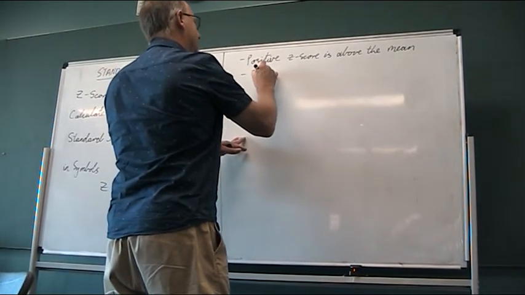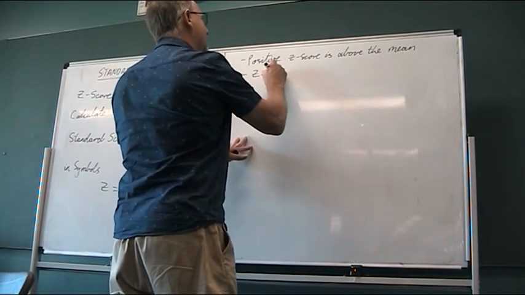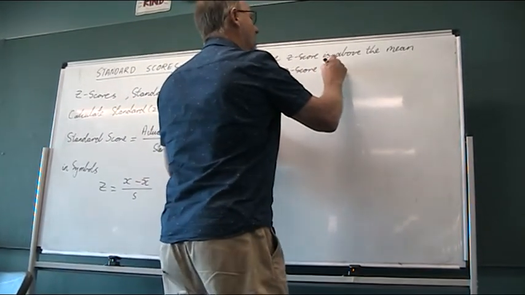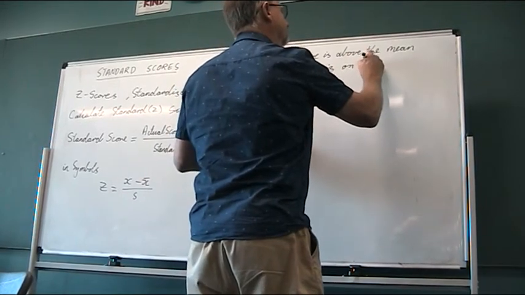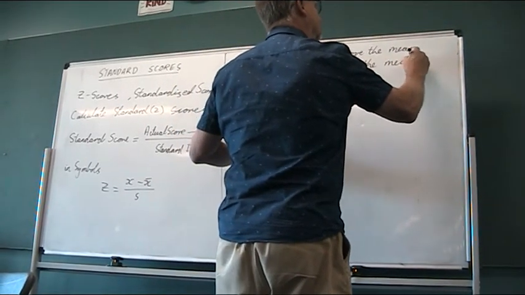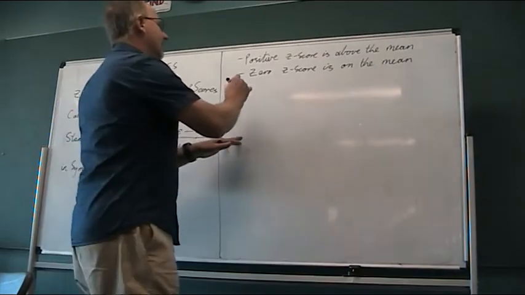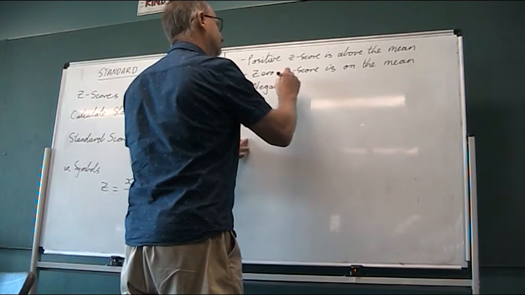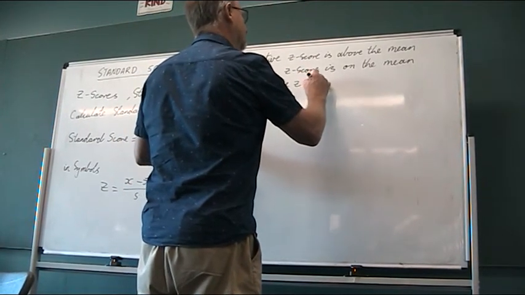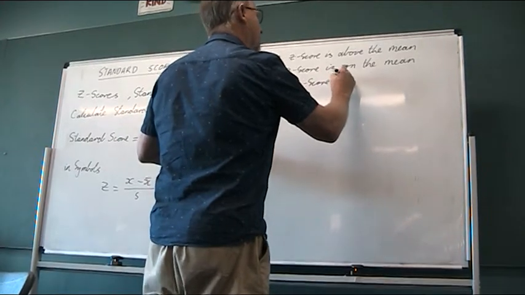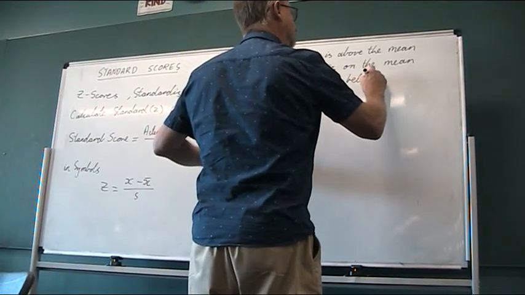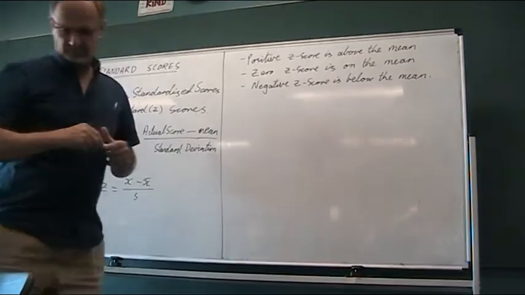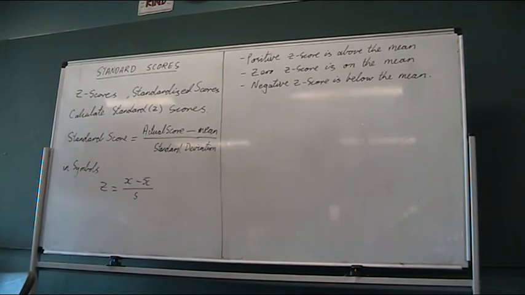A Z score of zero is on the mean. And a negative Z score is below the mean. All right.